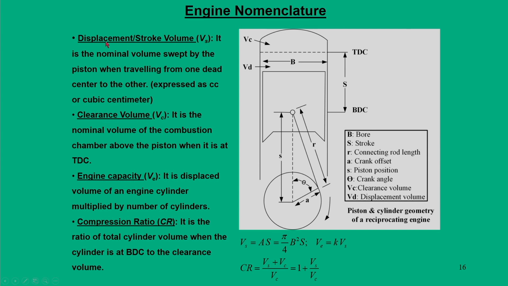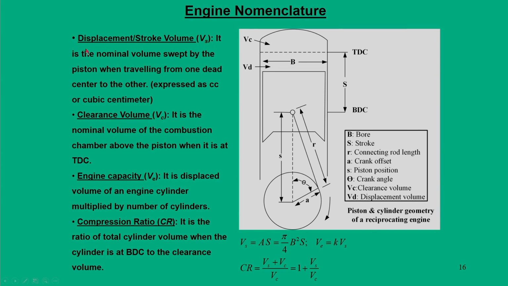important term we are going to use is the displacement or stroke volume. Once we have all the dimensions of bore and stroke, we can express them in the form of volume, because the slug of mass is contained within a certain space.